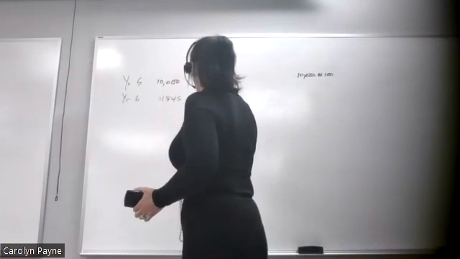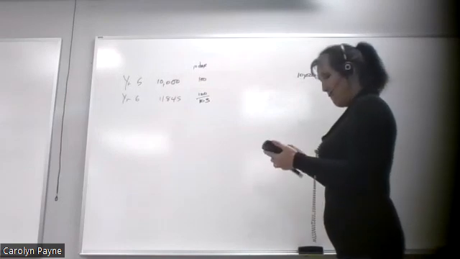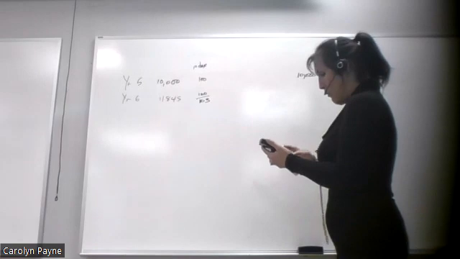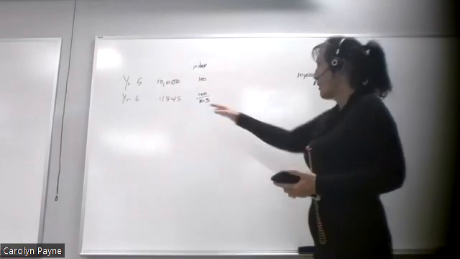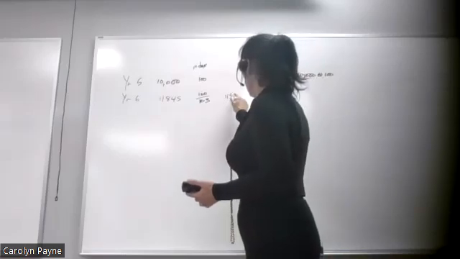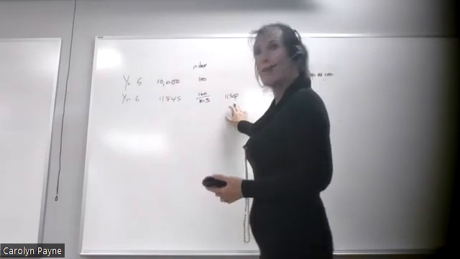We do that by dividing by 1.03. So 11,845 divided by 1.03, or multiply times 100 over 103, same thing. That gives me an inventory at base year prices of 11,500.